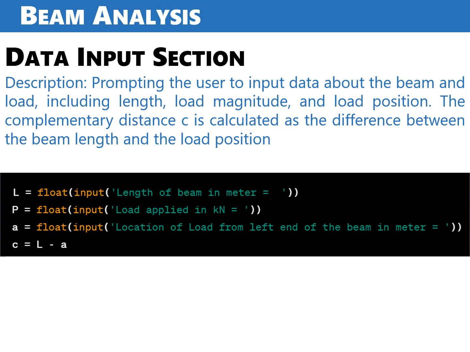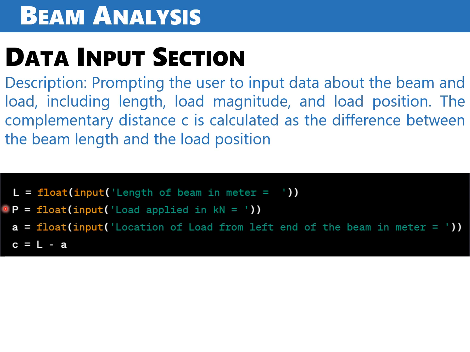After importing the libraries, we are going to start with the data input section. The prime data values have been discussed in the second slide. We have discussed the full length of the beam as L, and P as the point load acting somewhere along the length of the beam at a distance A from the left support.